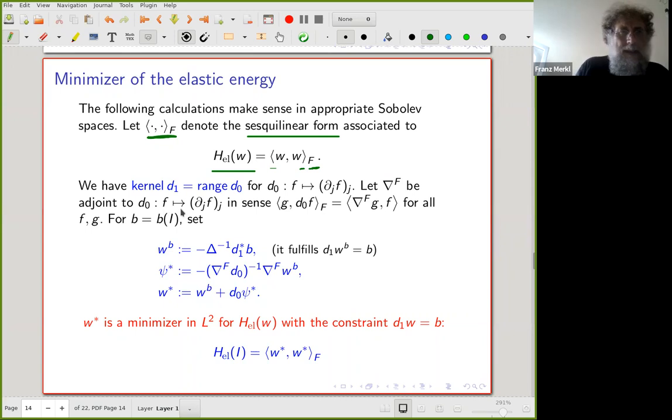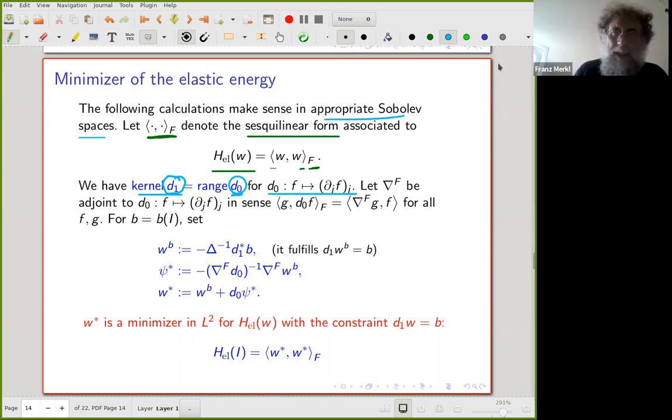And then the kernel of the curl operator is the range of the gradient operator, or in exterior derivative notation, the kernel of D1, the curl operator, is the range of D0. This is true in an appropriate Sobolev space. So D0 is just the gradient operator.